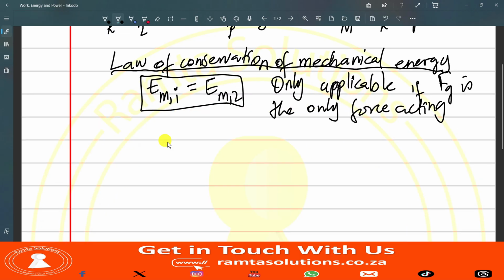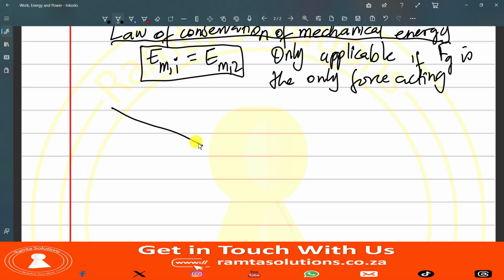You have seen it occurring a lot when they say, suppose this, let's say it's AB. They say, suppose it's smooth and your object is sliding down the ramp, if there is no other force affecting this object.